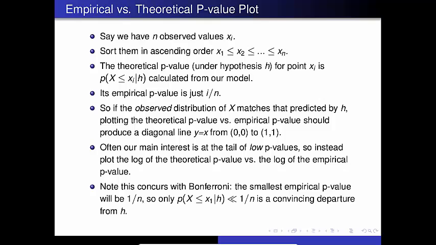So unless I see a substantial deviation from that diagonal, in other words a p-value much less than i over n, I wouldn't call it significant. It's not off diagonal, right? And that's more or less in straight agreement with the whole idea of the Bonferroni correction, that you have to set your alpha equal to 1 over n if you want one or fewer false positives in multiple p-value tests, right? Does that make sense?